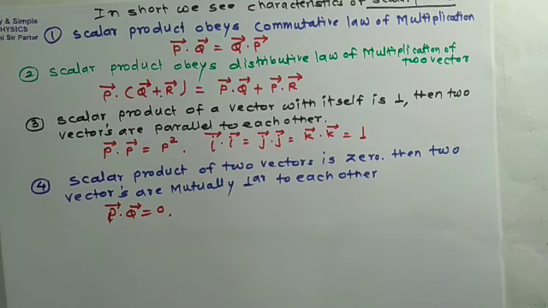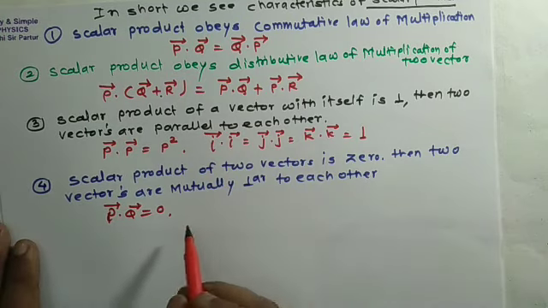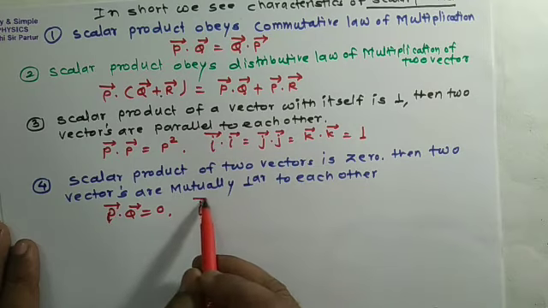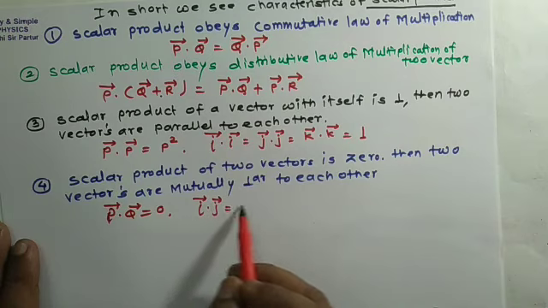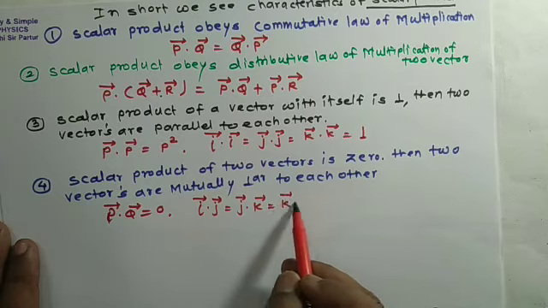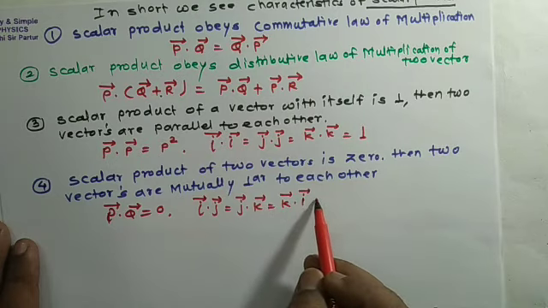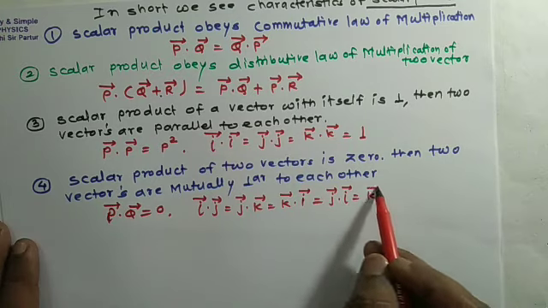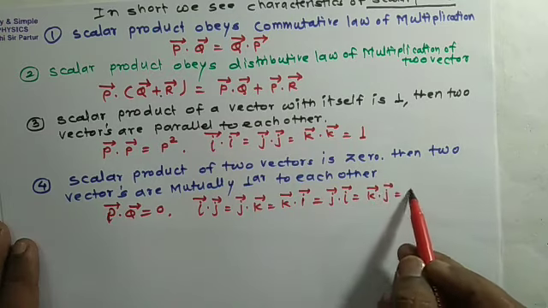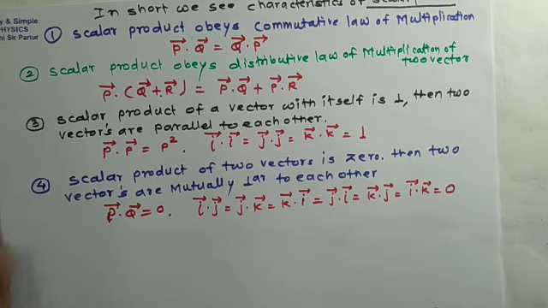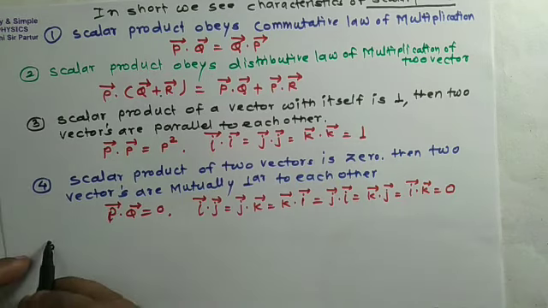So we say that vector p and vector q are mutually perpendicular to each other. For unit vectors, we say that vector i dot vector j is equal to vector j dot vector k is equal to vector k dot vector i, or vector j dot vector i is equal to vector k dot vector j is equal to vector i dot vector k will be 0. Then the two vectors can be said to be mutually perpendicular to each other.